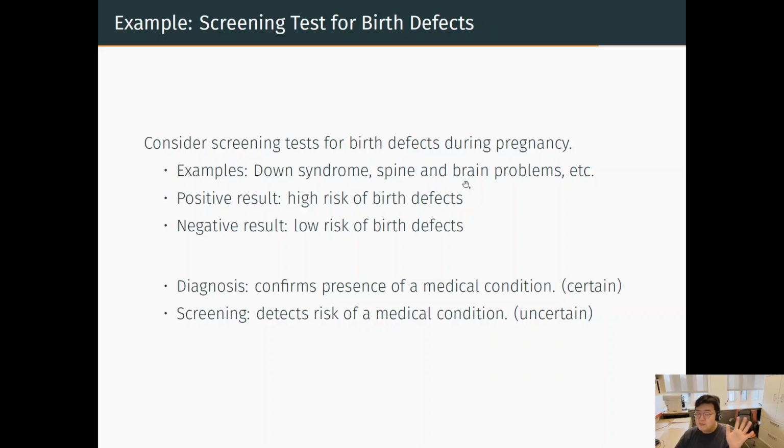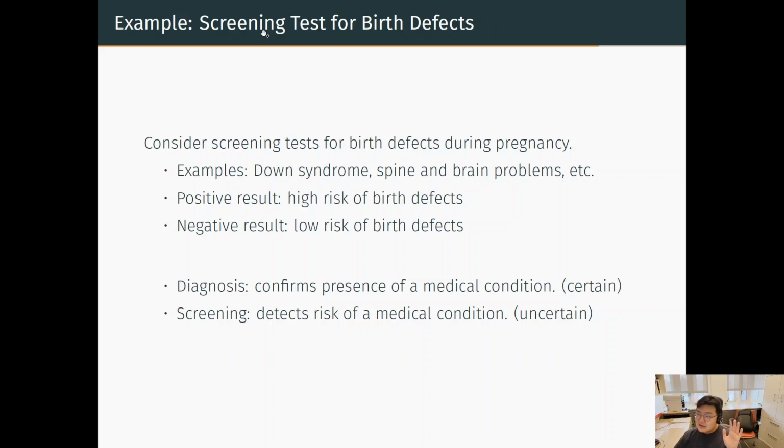I'm not a medical expert, but suppose that there are some screening tests you can get during the pregnancy, and positive results imply that the baby is at high risk of birth defects. Negative means low risk. So it's not the end of the world.